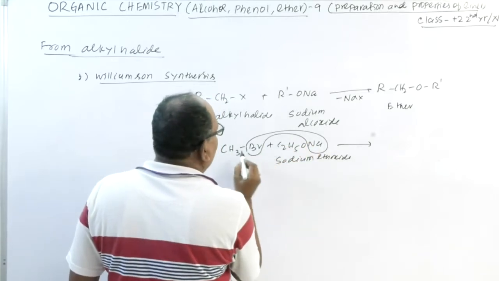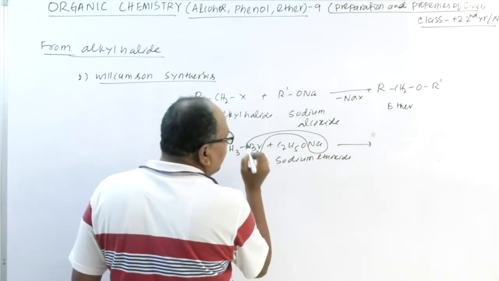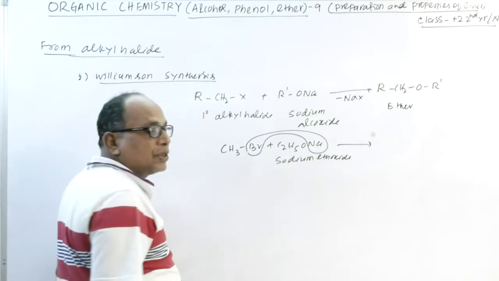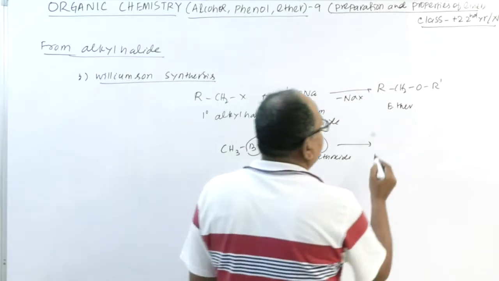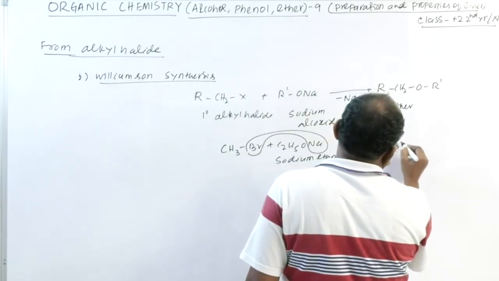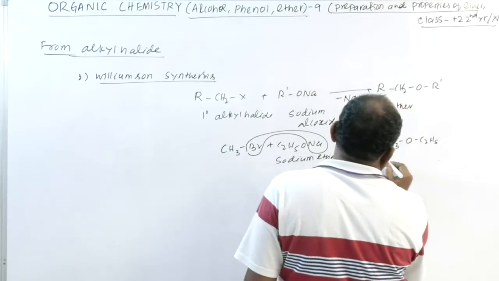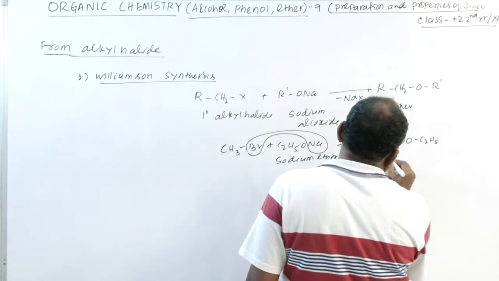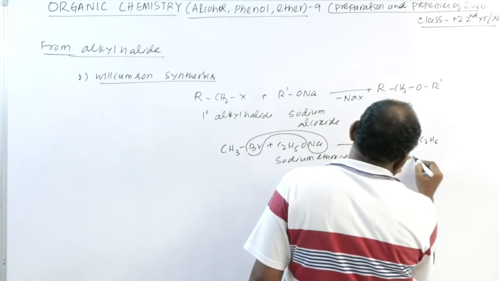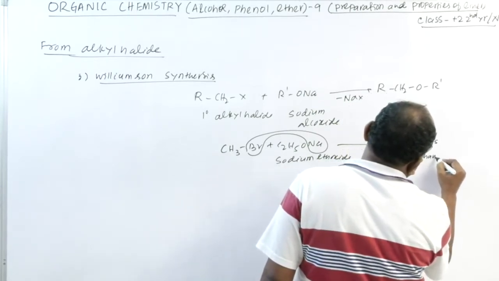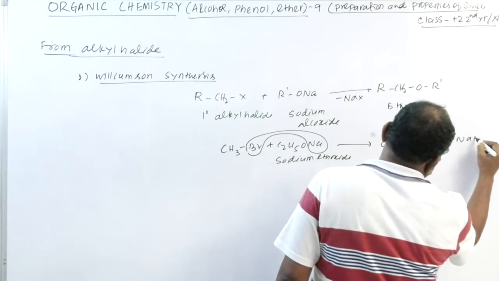This means the Br is substituted by C2H5O minus. This becomes CH3OC2H5. This is your methoxyethane, plus NaBr.